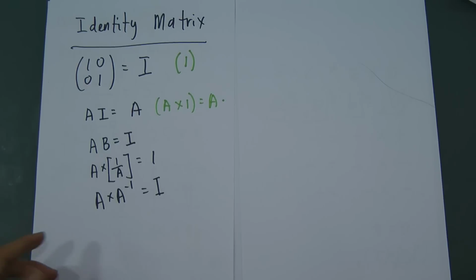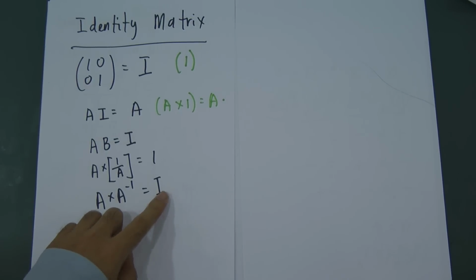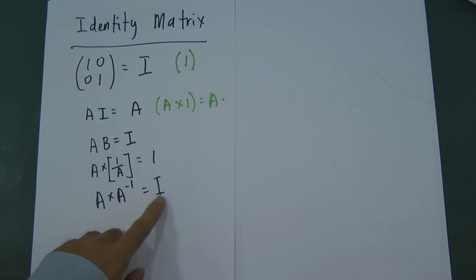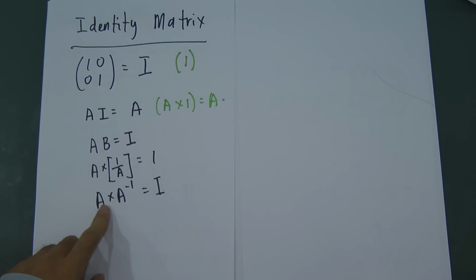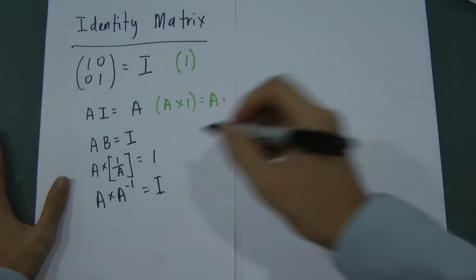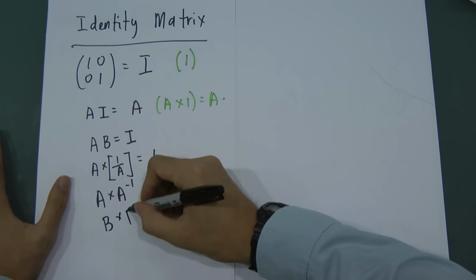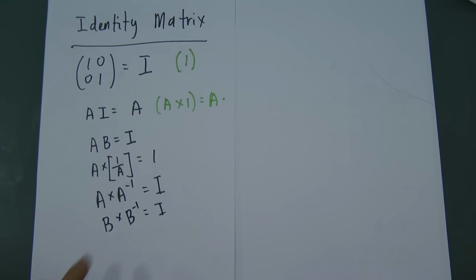Very simple. If you want to get the identity matrix, you just need to multiply by the inverse of that one. If A wants to get the identity matrix, then A is multiplied by A inverse. So if B wants to get I, you just multiply by B inverse. Because B inverse is 1 over B. If B is multiplied by 1 over B, you will get I, because I means 1.